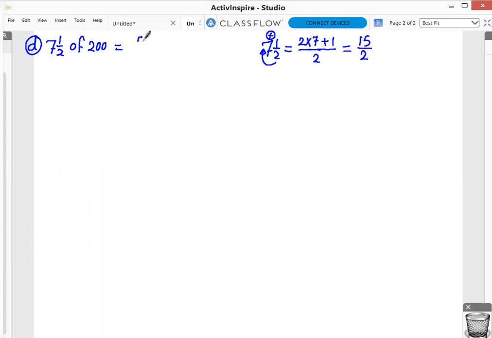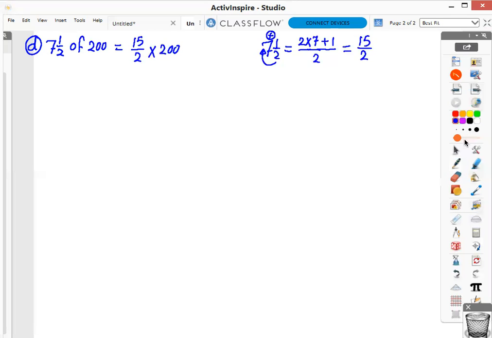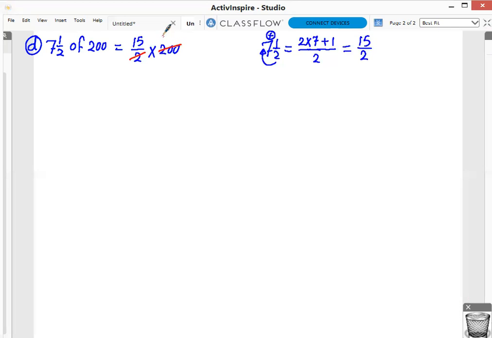Then change it into 15 over 2 multiplied by 200. Then you can simplify. We can cancel 2 with 200. It will be 100.